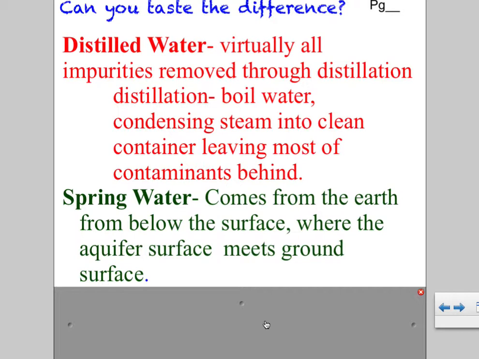Some people think that spring water is fresher than the water that is filtered from our water systems because we add stuff to clean it, and they wouldn't want those things in their water. Some people think that the water that comes through our systems is cleaner because we add stuff to clean it, and spring water does not add anything to clean it. So it just goes through the natural process.